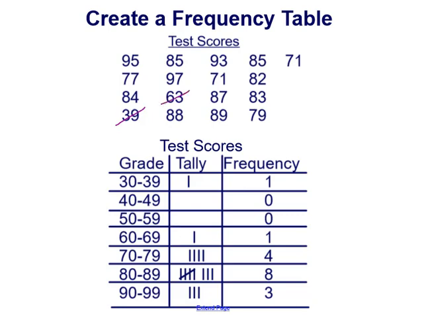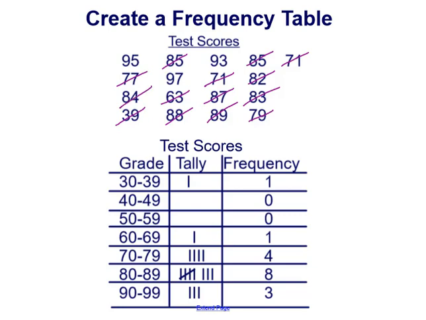We had 4 for 70 to 79, that was 71, 71, 77, and 79. We had 8 for 80 to 89, that seems to be the most here. From 80 to 89 the scores were 85, 85, 82, 83, 87, 89, 88, and 84.